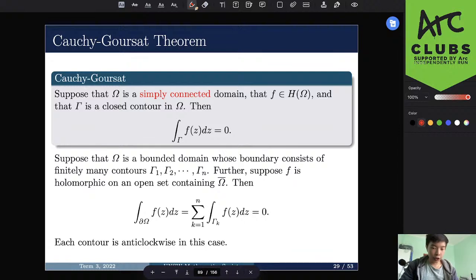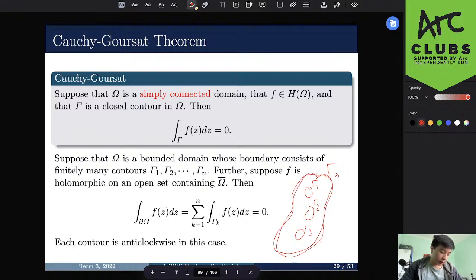And an extended version is essentially if we have a large contour and it has a bunch of holes in it, let's call the holes gamma 1, gamma 2, gamma 3, and this boundary gamma 0. The integral of this boundary right here, so the outside, is always going to be equal to the integral of each individual hole right here.